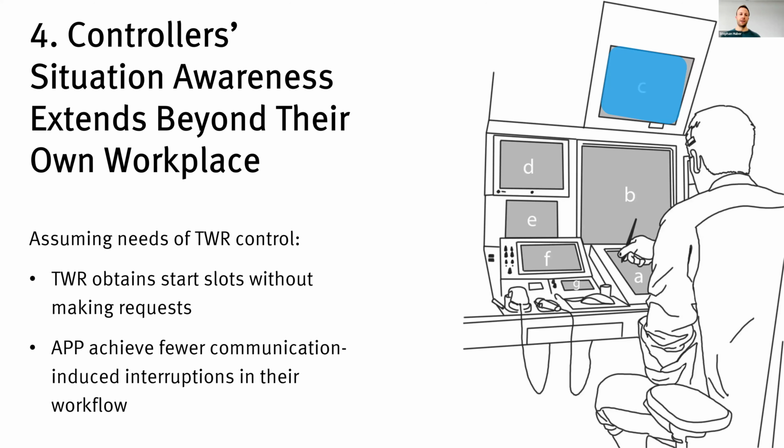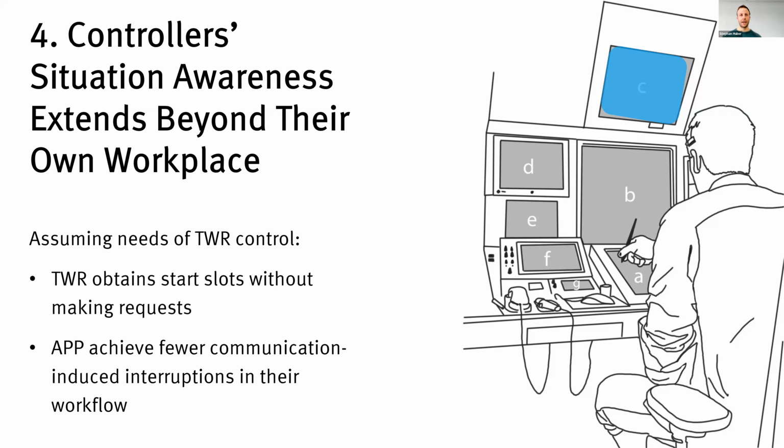The fourth insight we gained there is about controller situation awareness that extends beyond their own workplace. And so I highlighted the ground radar up there because the usual pipeline in the communication here would be that the tower controller sometimes requires a gap in the incoming approaching traffic to squeeze in a departure.